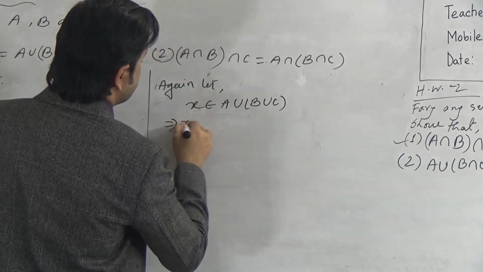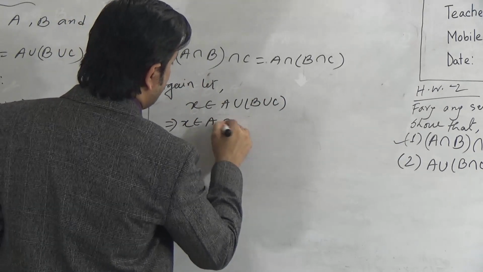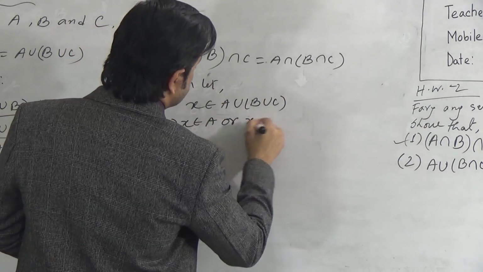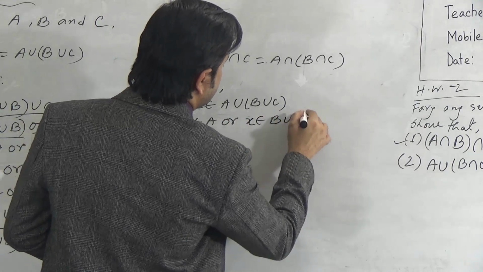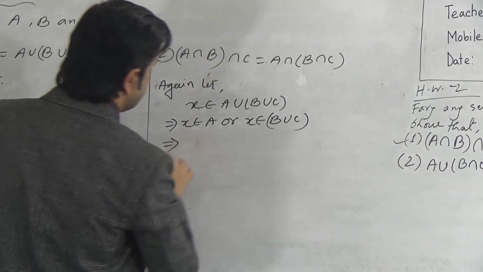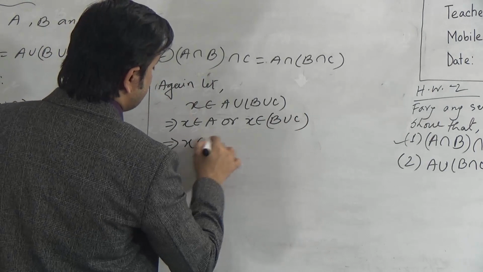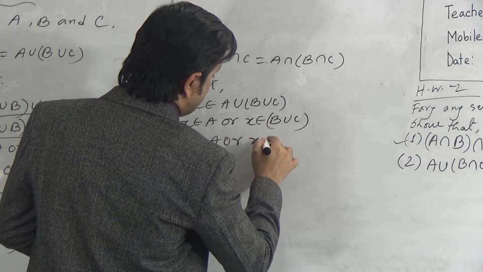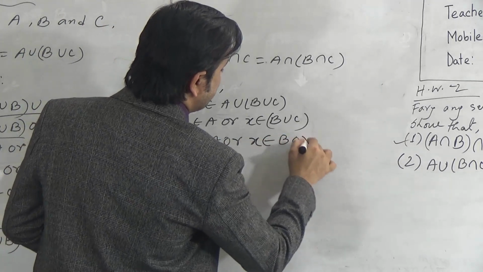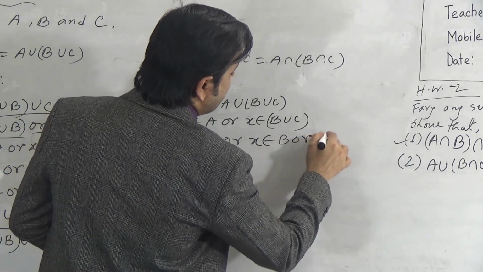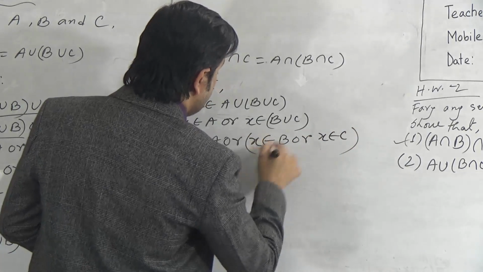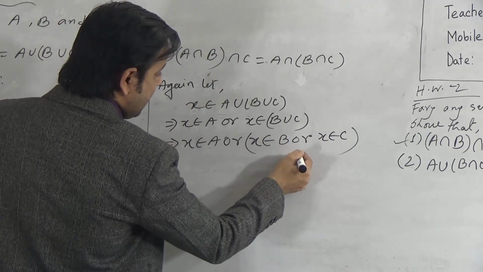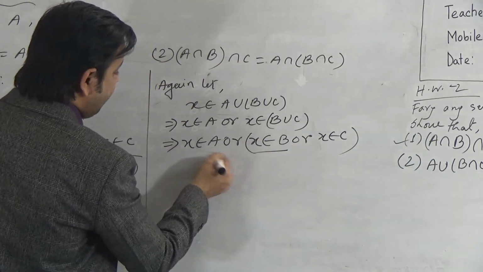It means that X is contained in A or X is contained in B union C. What does it mean? It means that X is contained in A or X is contained in B or X is contained in C. Now we have to consider A with B.